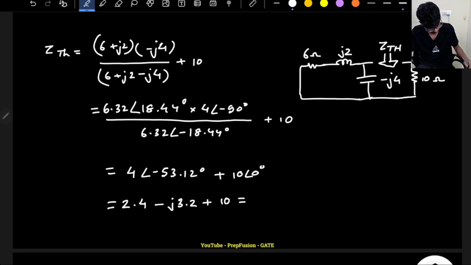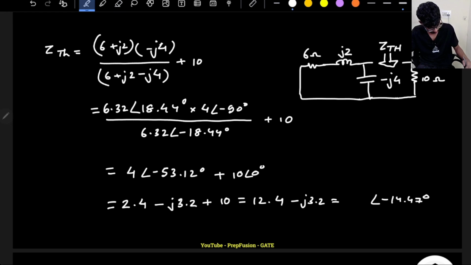So this will be 12.4 minus j3.2. If I want to write this in polar, tan inverse of 3.2 over 12.4 is about minus 14.47 degrees. What about the magnitude?